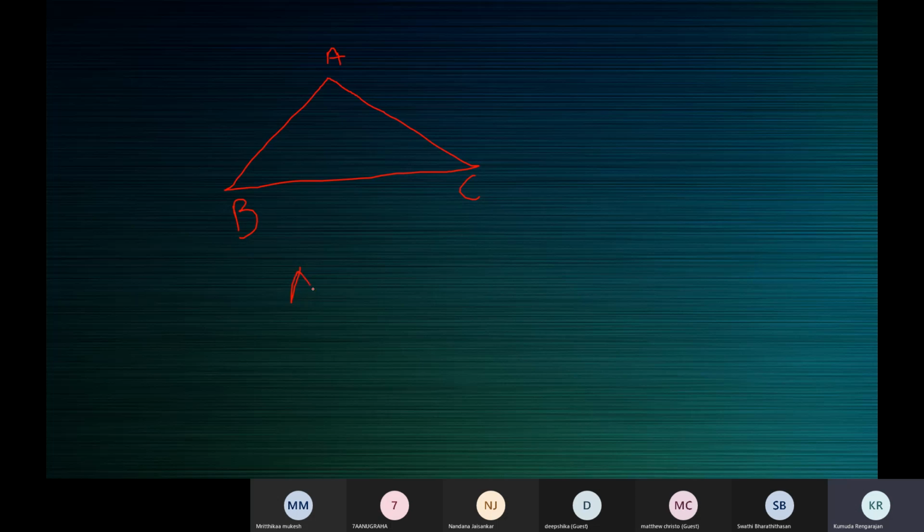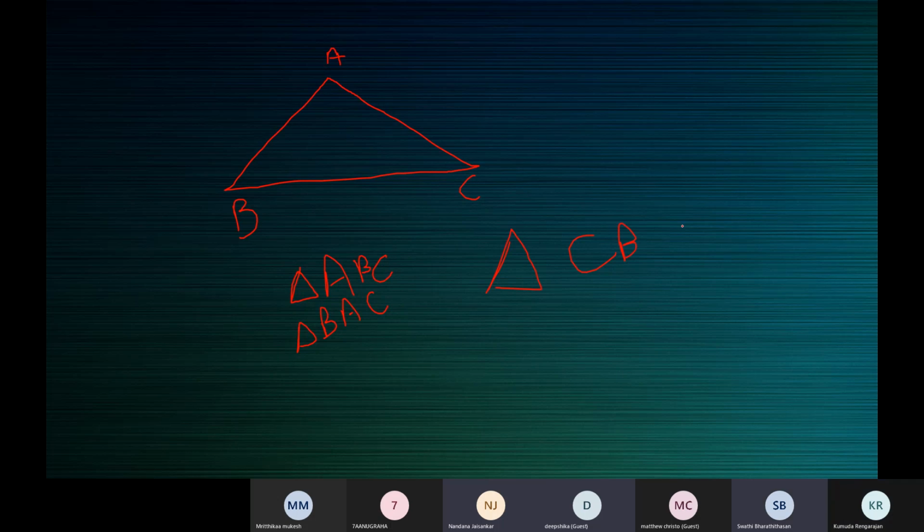Is that the only way of calling this triangle? Triangle ABC? Can I say triangle BAC? Yes, ma'am. Can I say triangle CBA? Yes, ma'am.